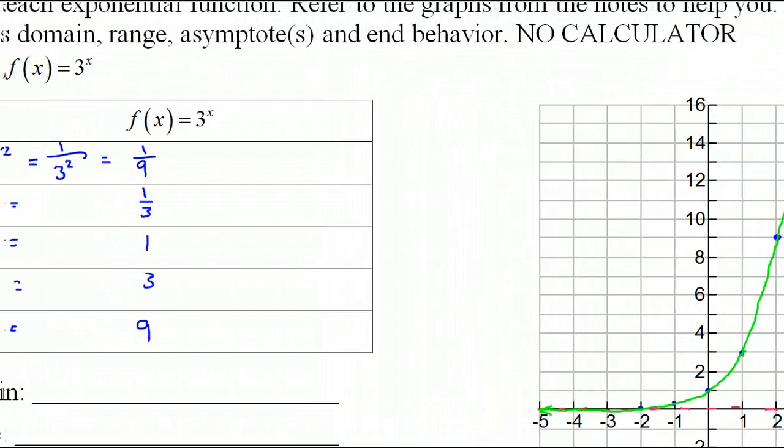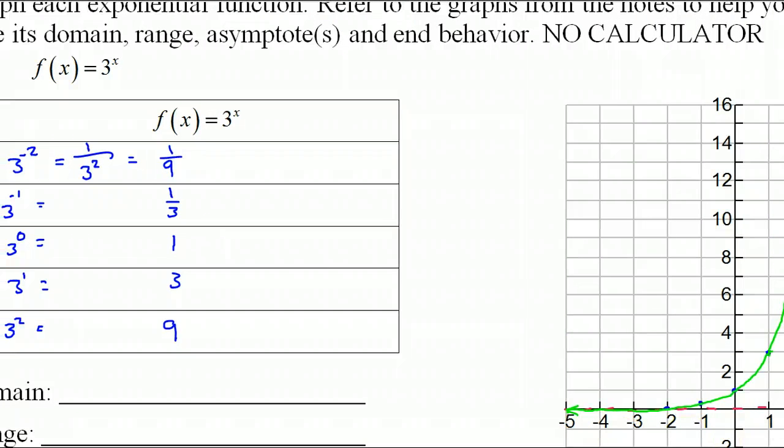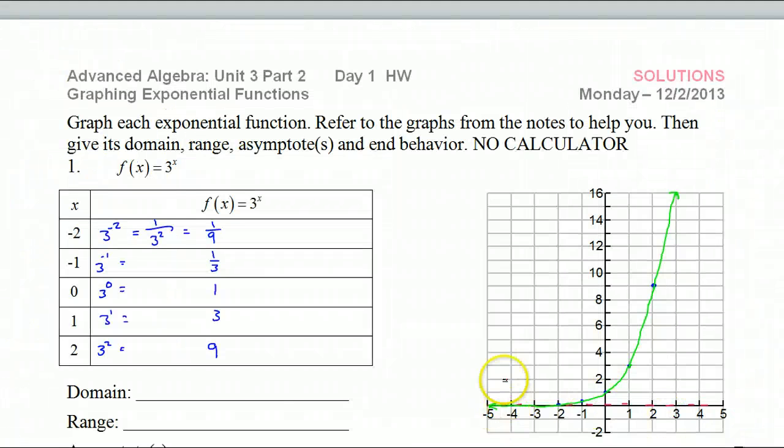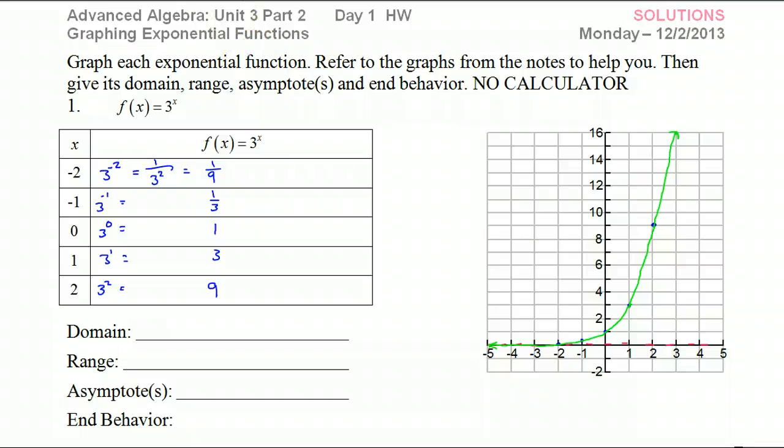So now when we talk about the domain and the range, I guess I better zoom out a little bit. So the domain. The domain is how far it goes to the left and to the right. So this graph goes to the left and to the right forever. So that is negative infinity to positive infinity.